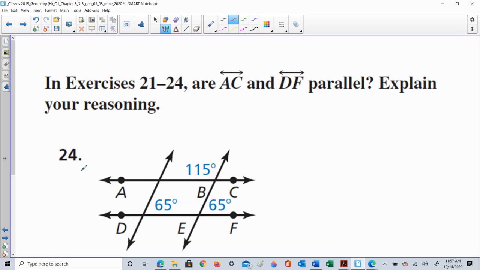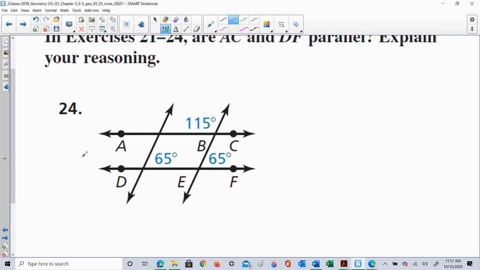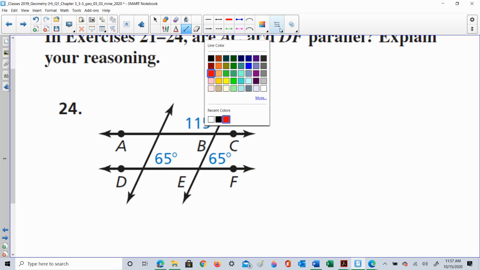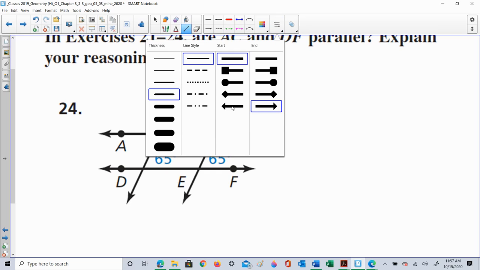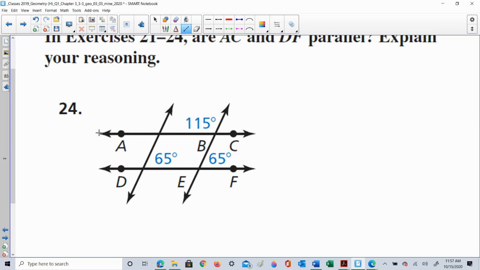Exercises 21 to 24: are AC and DF parallel? So we're trying to figure out if AC, let's see, do I want lines? Yeah, why not? Let's do red and make them a little bit thicker like that. Okay. So we want to know if AC and DF are parallel. Well, if they were parallel, we have one transversal here and one transversal here. Do we have enough information to say that they are parallel? Well, a couple of things we can do.